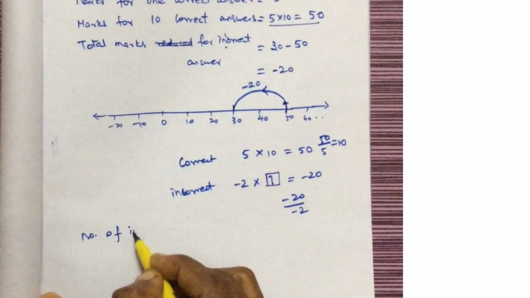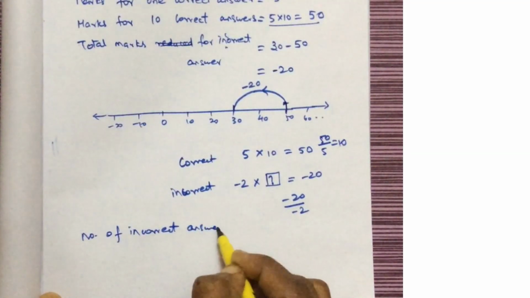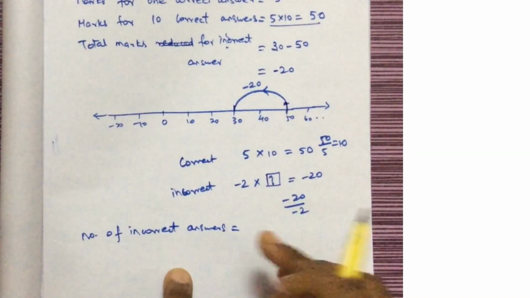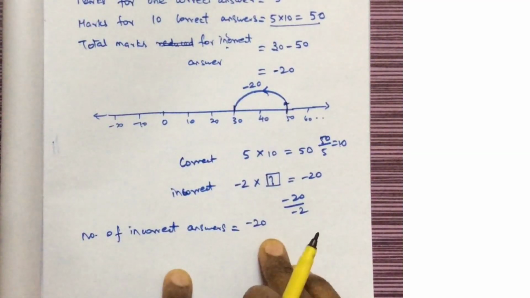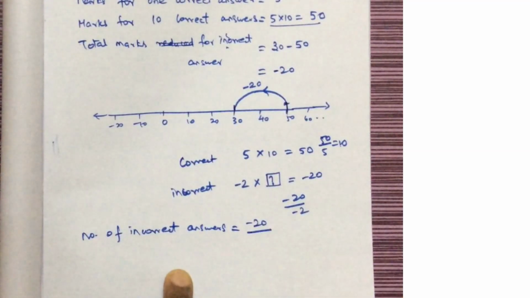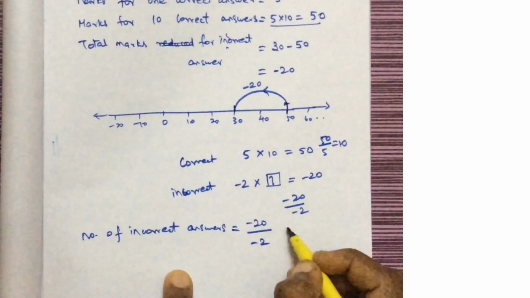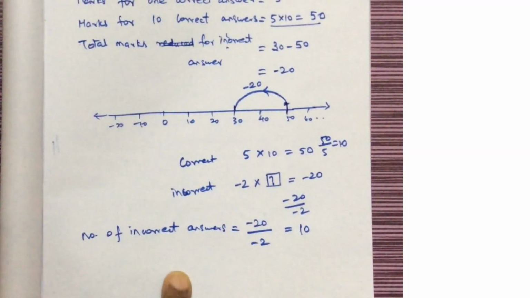So you should divide the total mark she got, minus 20 for incorrect answers, by the mark lost for every incorrect answer, minus 2. That is equal to, minus minus will cancel, the answer is 10.